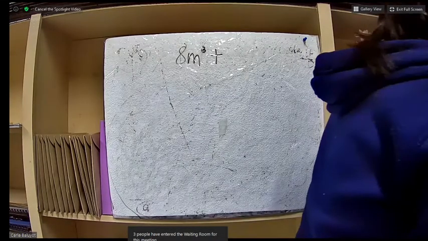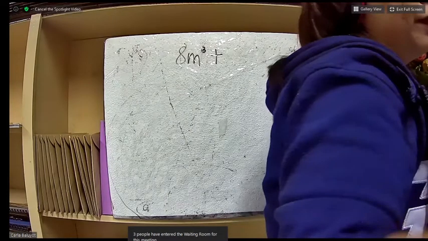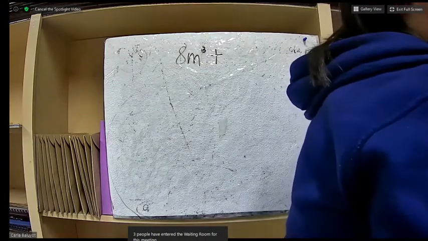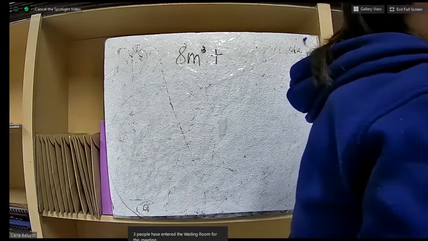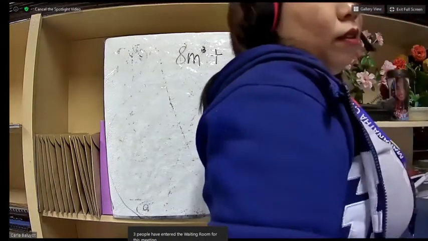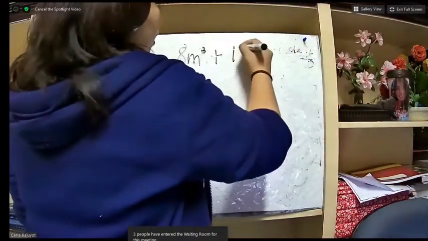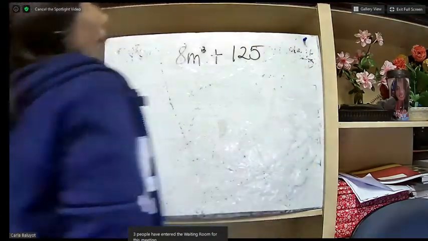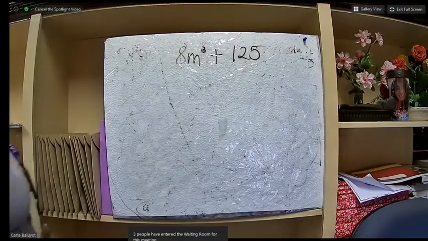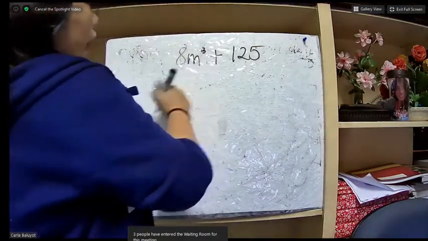216. Ano ang 216? Perfect cube po. Okay, ano muna tayo? 125. Okay? So, ano po ang square nito?